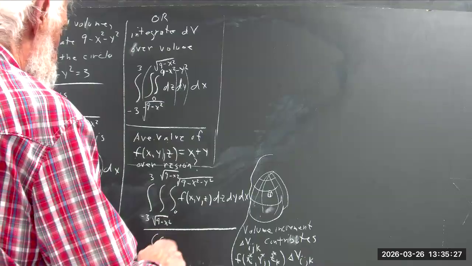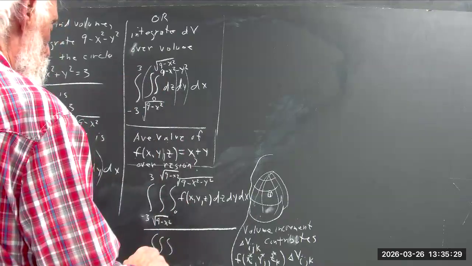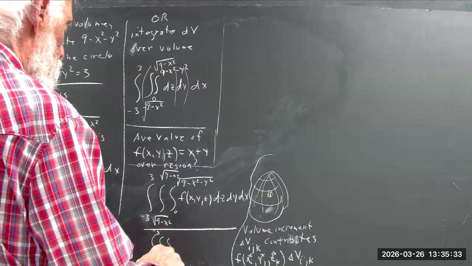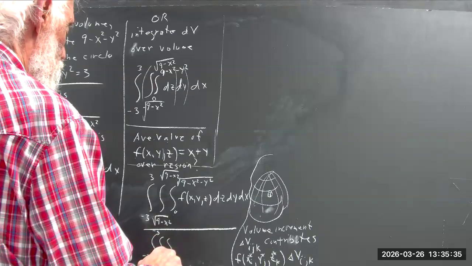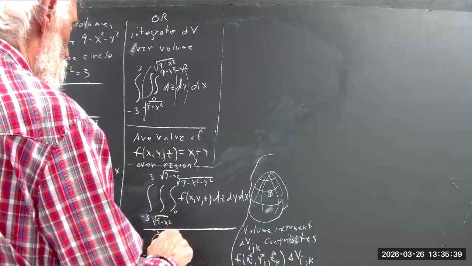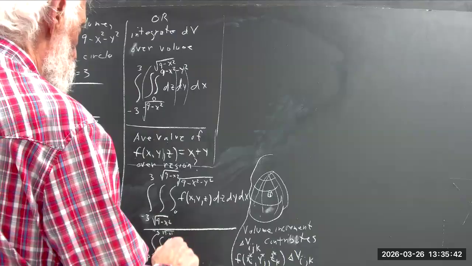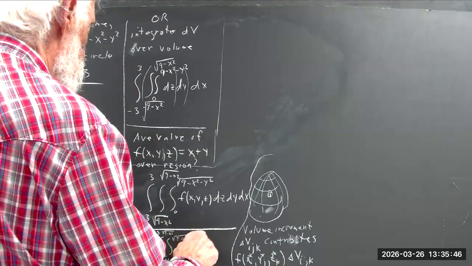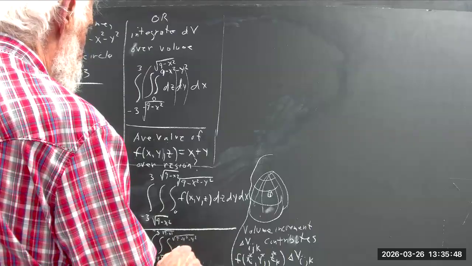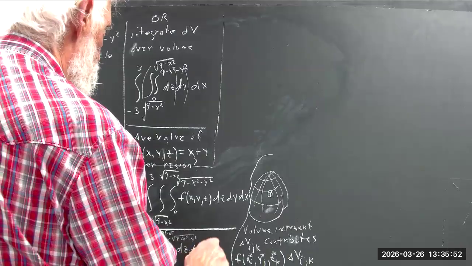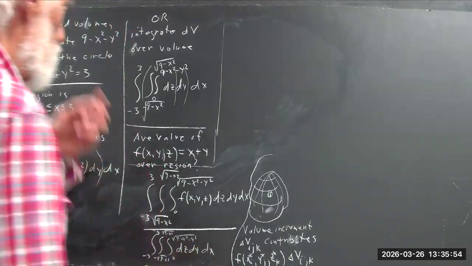And that's the triple integral that I wrote up here: x from -3 to 3, y from negative square root of 9 minus x squared to the square root of 9 minus x squared, z from 0 to the square root of 9 minus x squared minus y squared, dz, dy, dx of your volume increment.